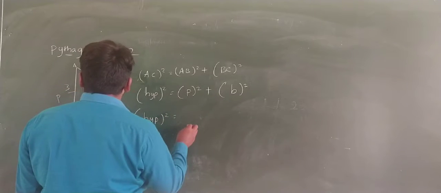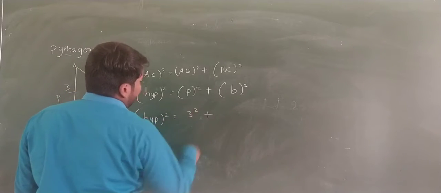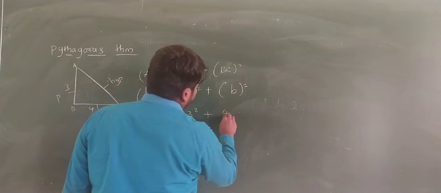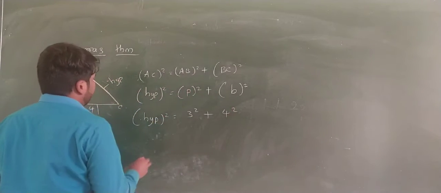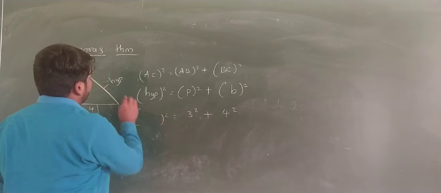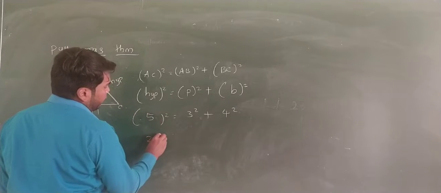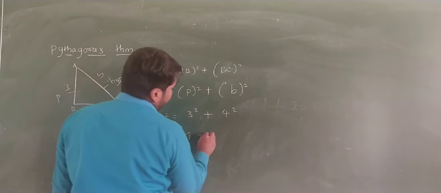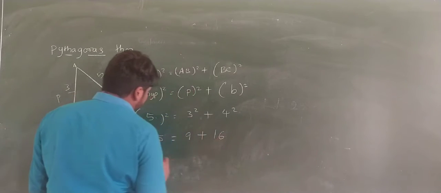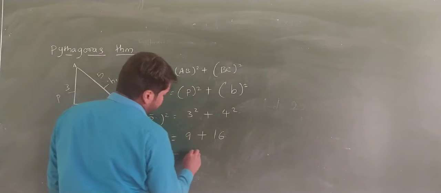So perpendicular square is 3 square plus base square, which is 4 square. Hypotenuse square is equal to, taking this as 5, 5 square. So 5 square is 25, and this is 9 and this is 16. So 25 is equal to 25.